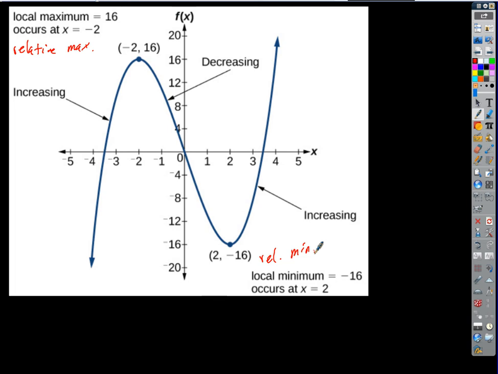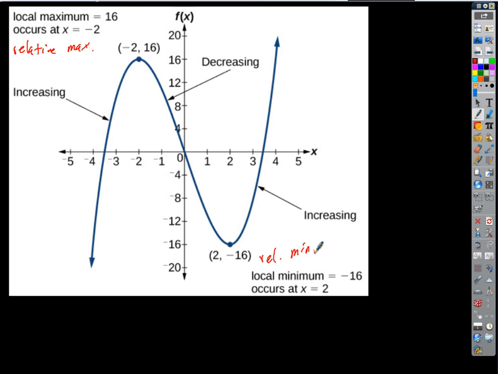In calculus, we talk about a bunch of other kinds of maxima and minima. We talk about absolute maxima and minima. And by the way, if you collectively combine all maxima and minima, we call them extrema. So an extremum is either a maximum or a minimum, right? It makes sense, an extreme value of the function.